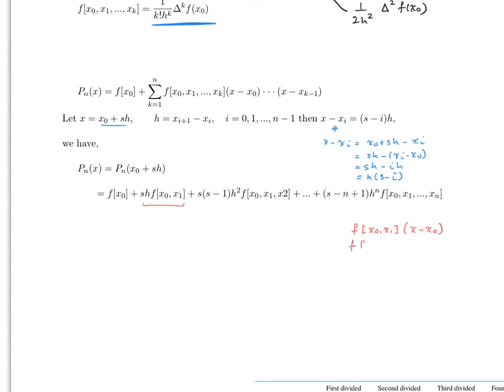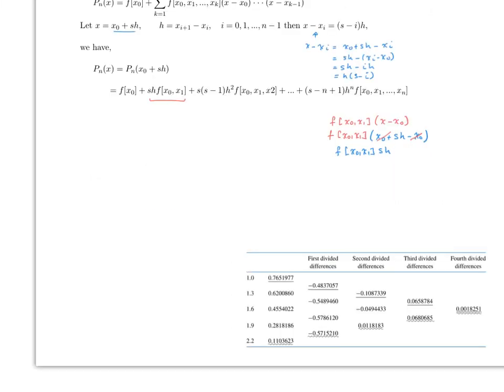But remember that x is defined to be this, so this will be x0 plus sh minus x0, so the x0s will cancel, and this will give you f of x0 x1 times sh, which is exactly this part right here. So that's how you get this part.